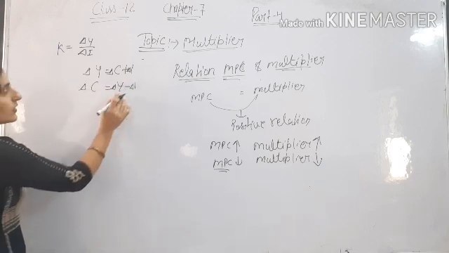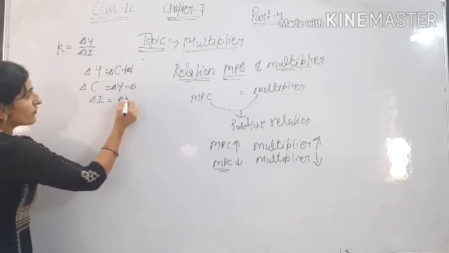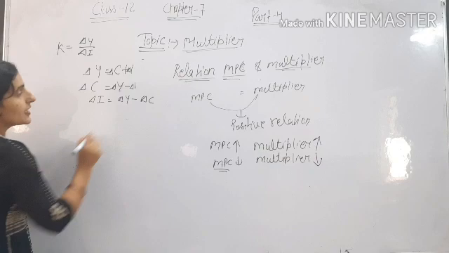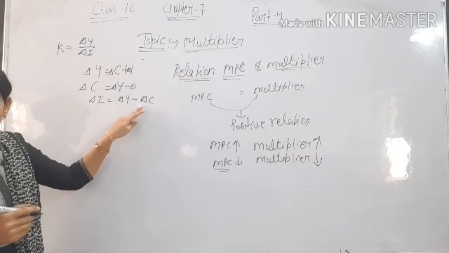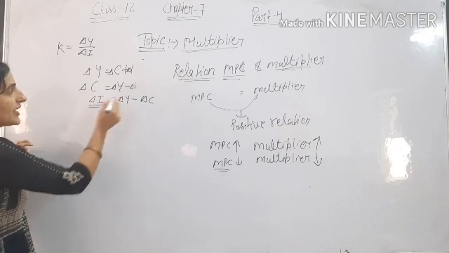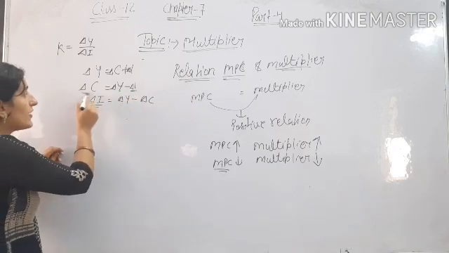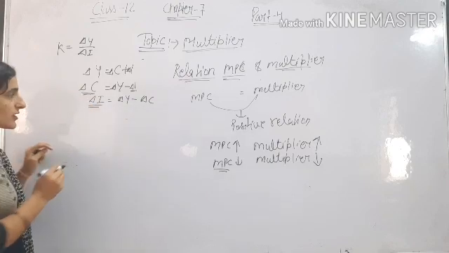Now if we want to calculate change in I, then it is change in Y minus change in C. It means if we subtract consumption from income, then we get investment, and if we subtract investment from income, then we get consumption.